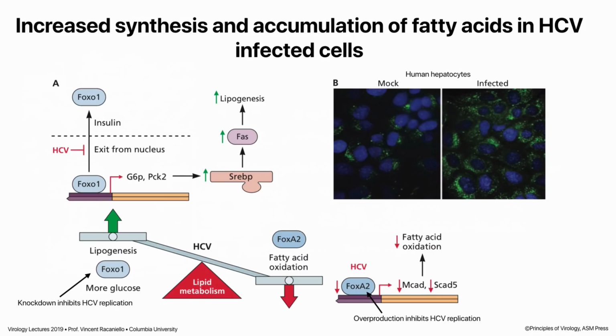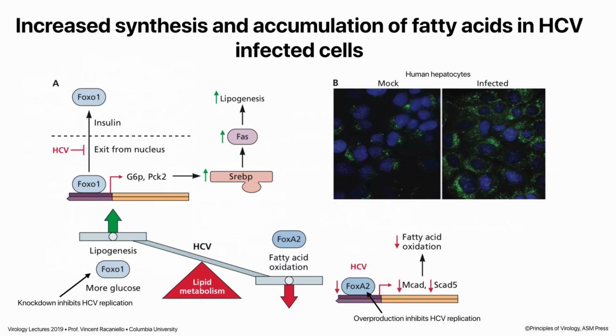Now, the other side of the lipid story is oxidation to make energy. And so the cell wants to have a balance of the two, of course. The genes that are needed for fatty acid oxidation are shown down here on the right. They're controlled at their promoter by a transcription factor called FOXA2. And hepatitis C virus decreases the amount of FOXA2 in cells to limit the use of fatty acids for oxidation.